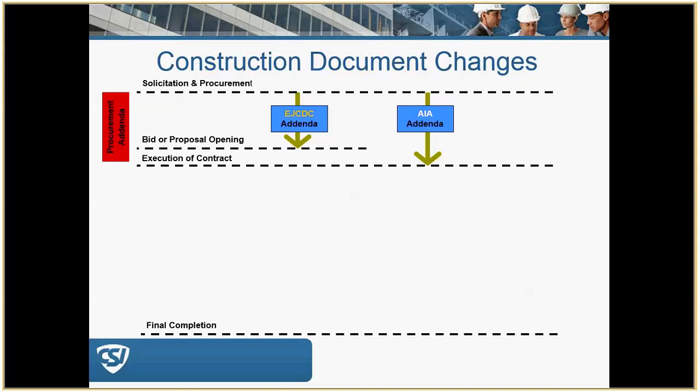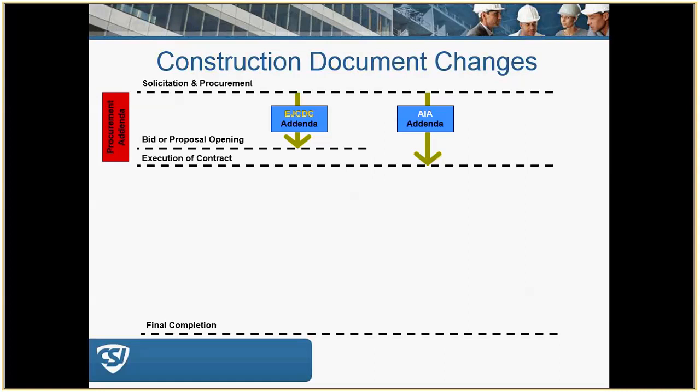So this graphic illustrates some of the contractual differences between the AIA contract families and the EJCDC contract families, and the various terms for various types of contract modifications for each of these contracts. So you see that with the EJCDC, the addendum only goes up until bid and proposal opening.